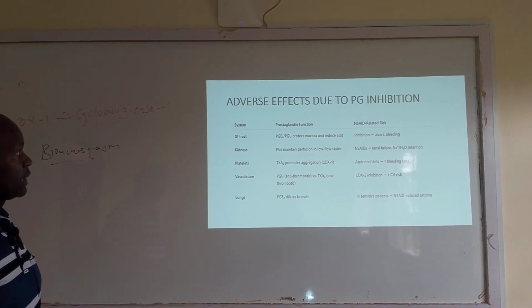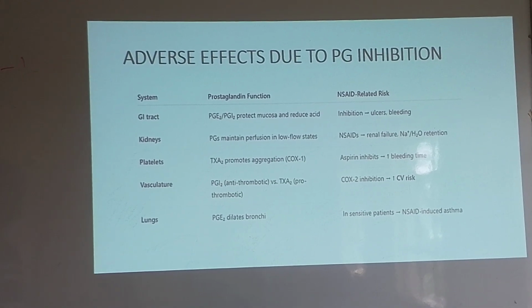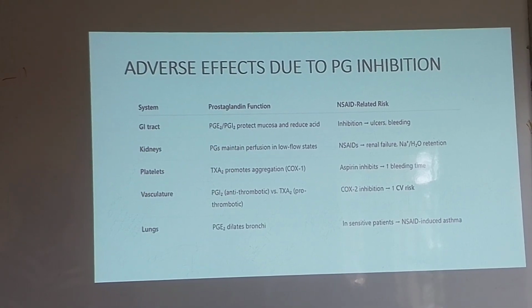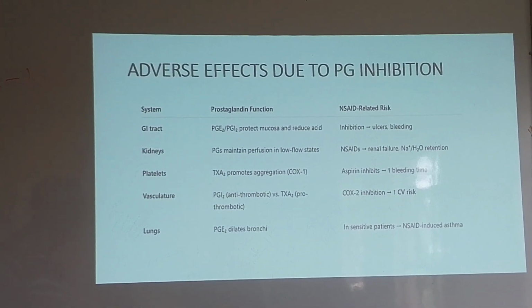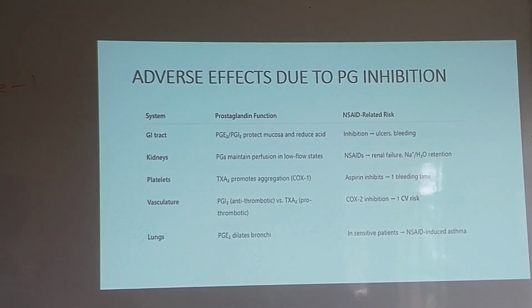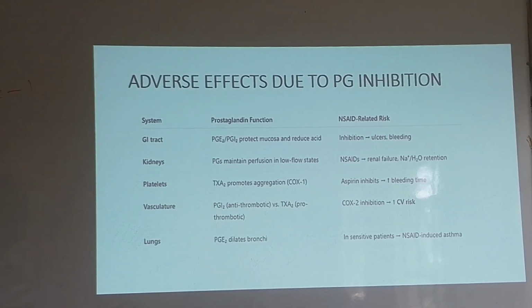Some of the adverse effects of inhibition of prostaglandin: prostaglandins, particularly PGE2 and PGI2, protect the mucosal lining of the stomach, and therefore they reduce acidity.